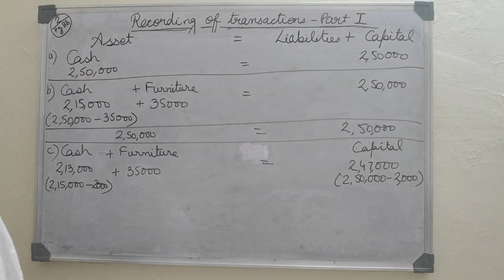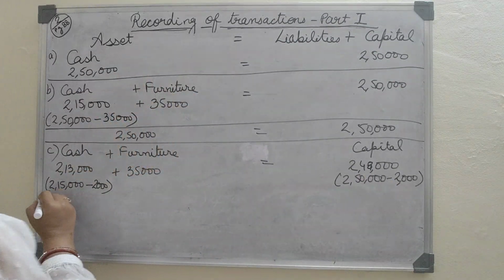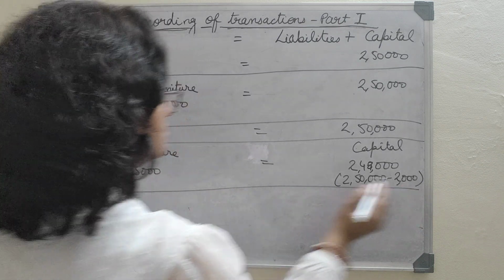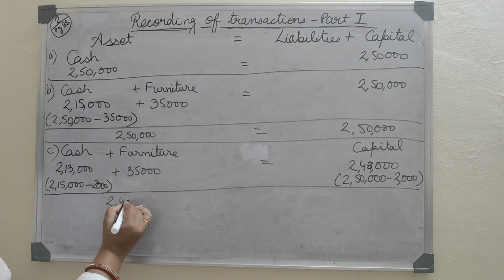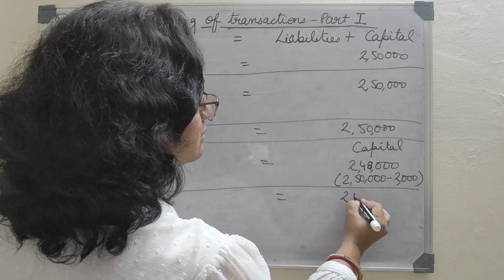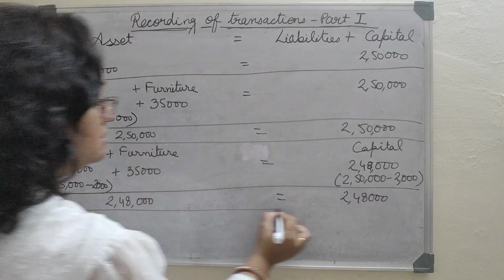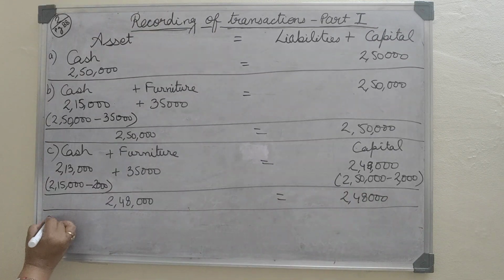I hope it is clear till here. Now the total remains the same on both sides because 2,000 is subtracted from both sides. Let us go to the next transaction.